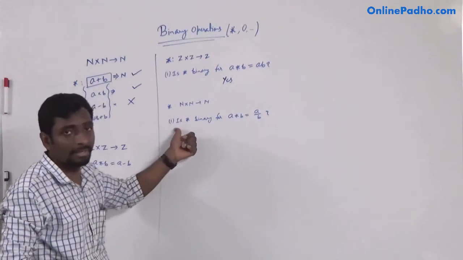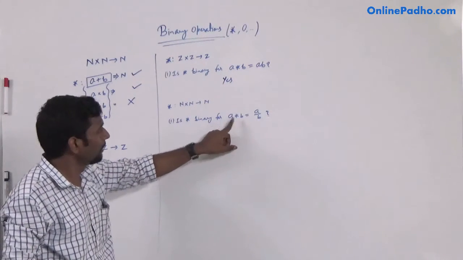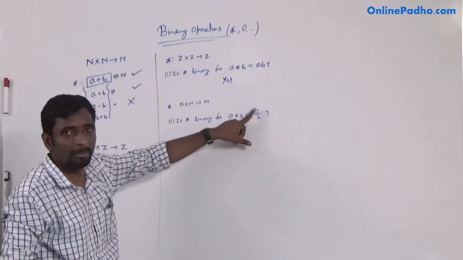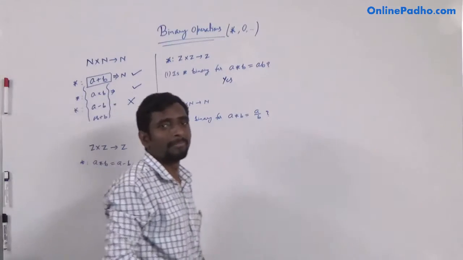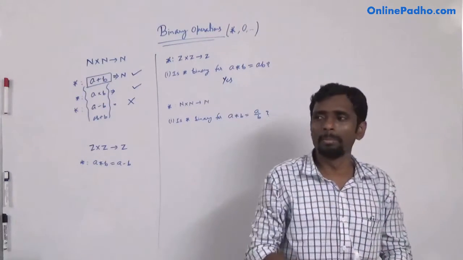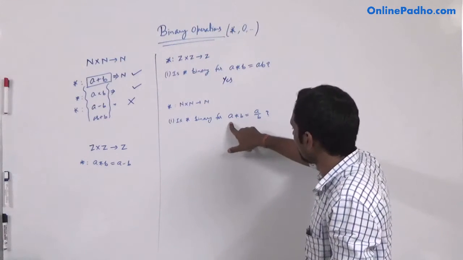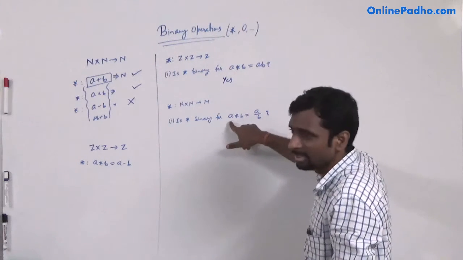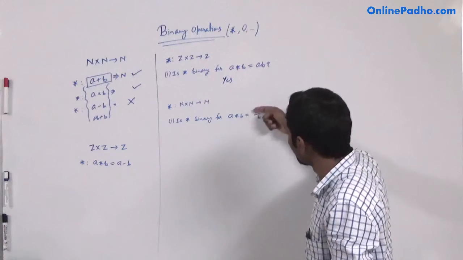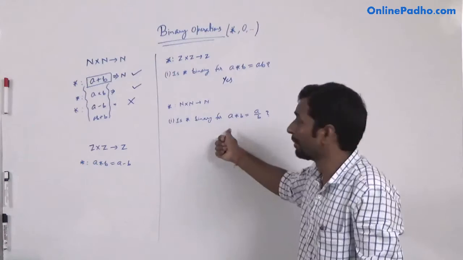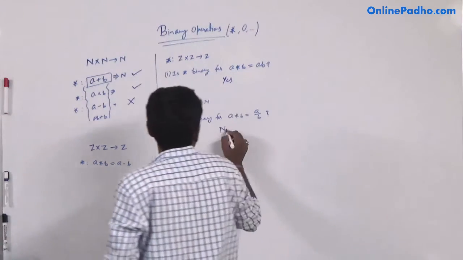Here a star b is the division, and the division of two natural numbers cannot always be a natural number. It may be sometimes, but generally it is not. If we consider a as 5 and b as 3, then 5 star 3 is 5 by 3. This is not a natural number, so we can say that this is not a binary operation.